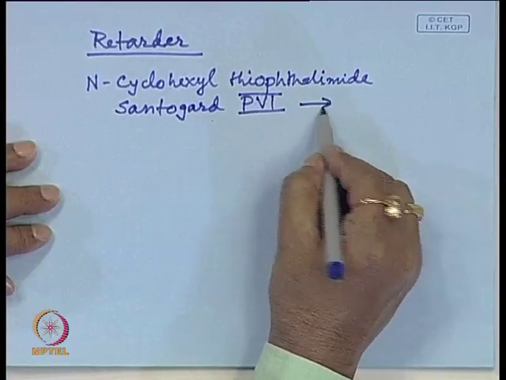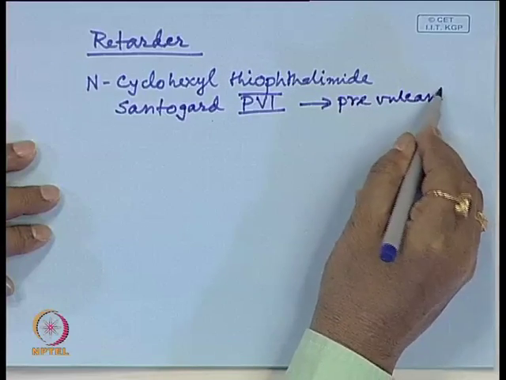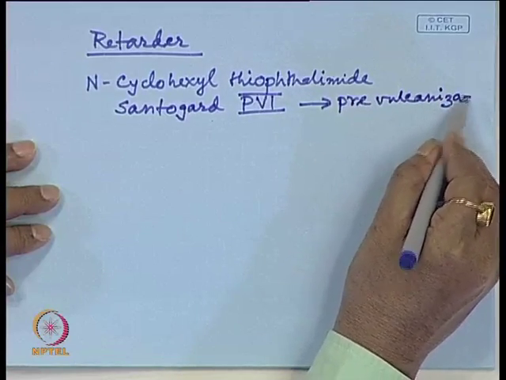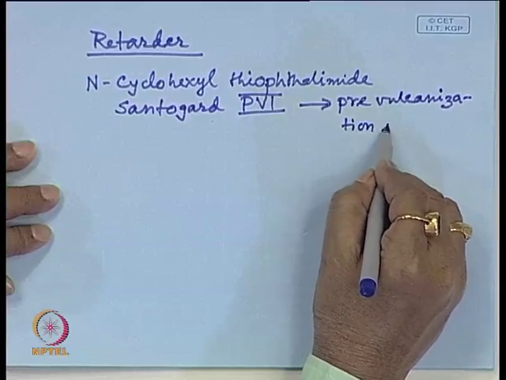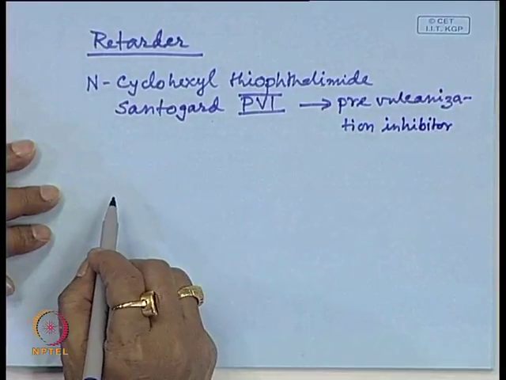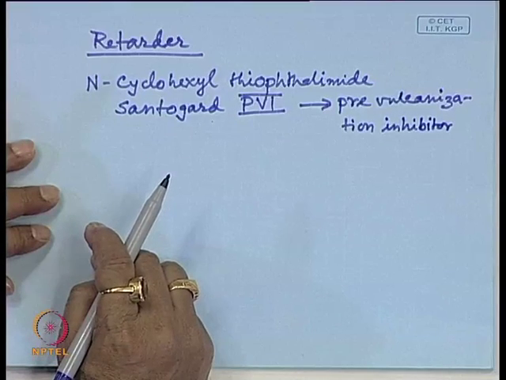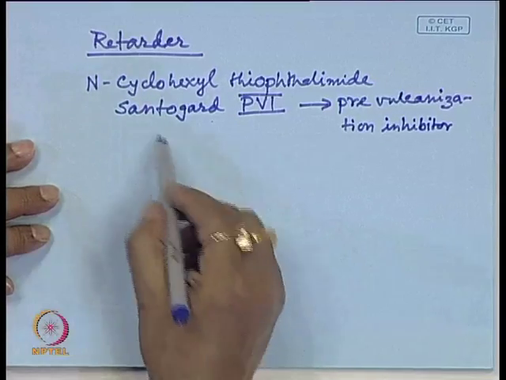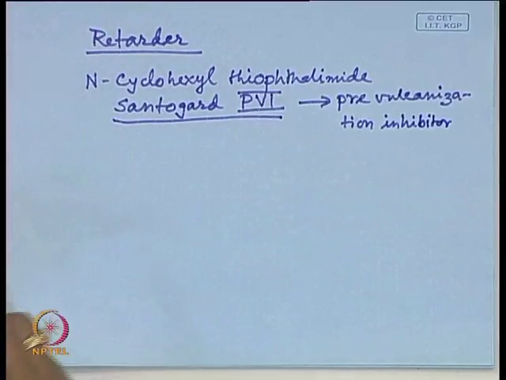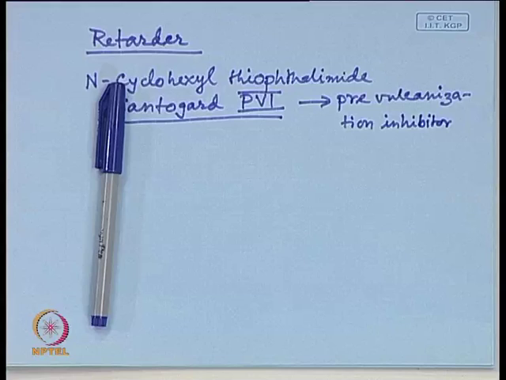PVI stands for pre vulcanization inhibitor. Okay, this is the trade name of this compound, N-cyclohexyl thiophthalimide. There are certain other examples in subsequent slides. I will show you. So, this is about curing system.